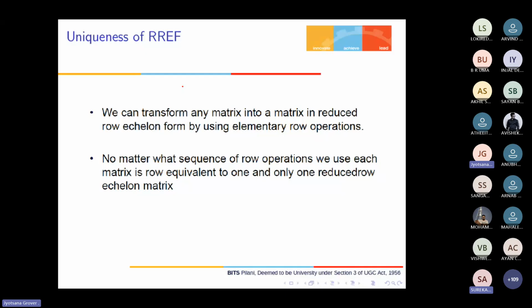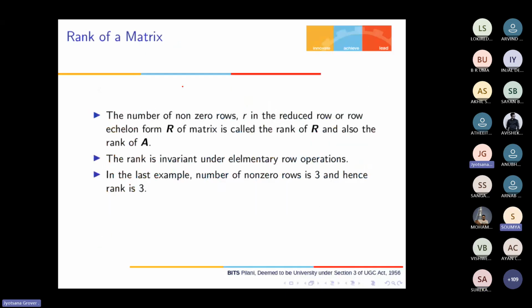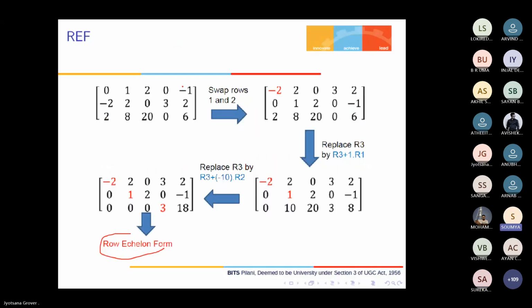Ma'am, I have a doubt here. So, ma'am, shouldn't three have a zero below it? Like the last condition is not met, right? Three should also have a zero, right? Like below three, there should be a zero, right?